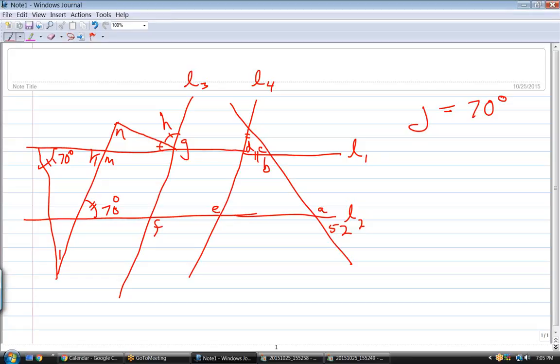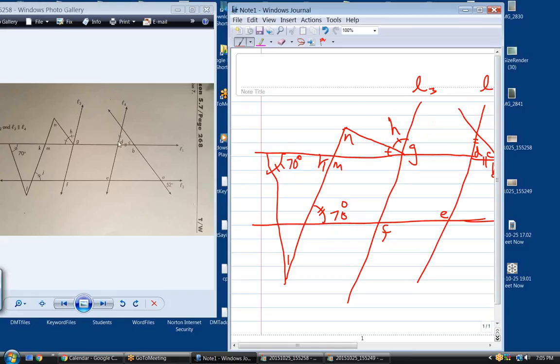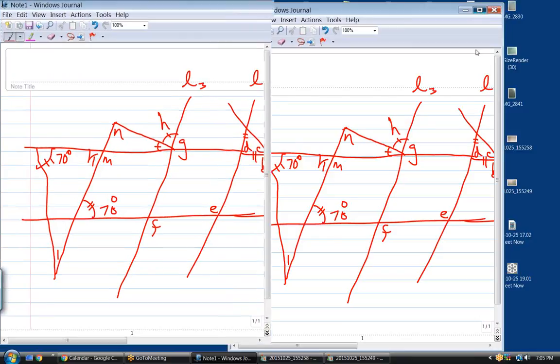Do we know D? Hold on. Why did you think C was 52? Isn't it alternate exterior to 52 degrees to go down the line? Well, we don't have any other. Oh, there's the 52 degree angle. Yeah. You're absolutely right. It's 52 degrees. I'm not sure I labeled that one 52 degrees.